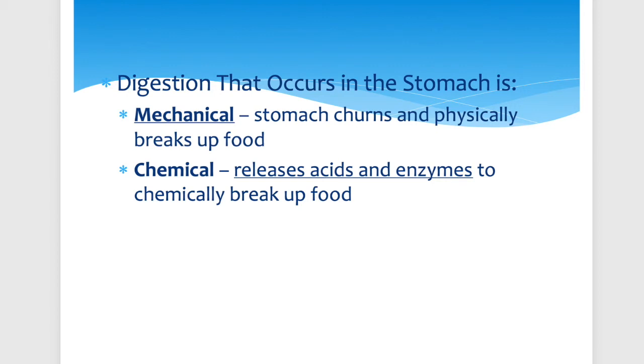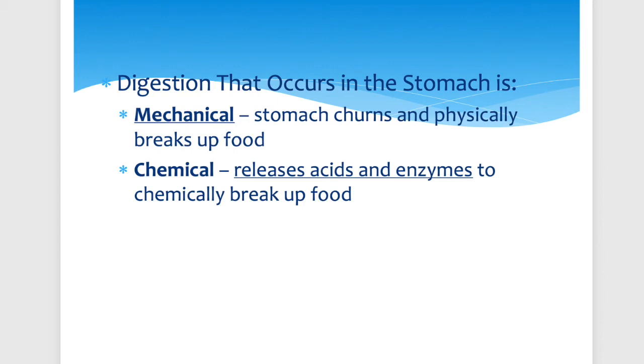So our stomach does produce hydrochloric acid. So the pH in our stomach is fairly low. It should be between like a 1 and a 3 pH, if you remember talking about that a little bit in biology and more in chemistry. So both mechanical and chemical digestion happen in our stomachs.